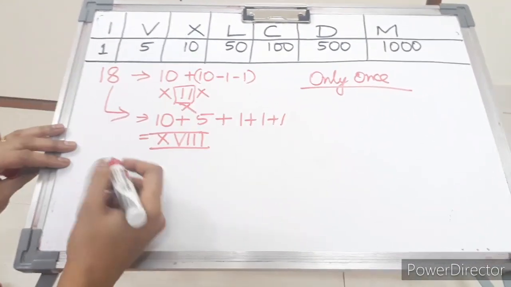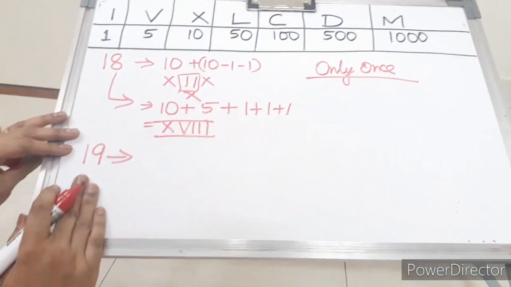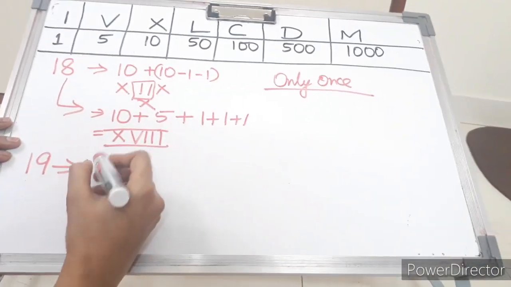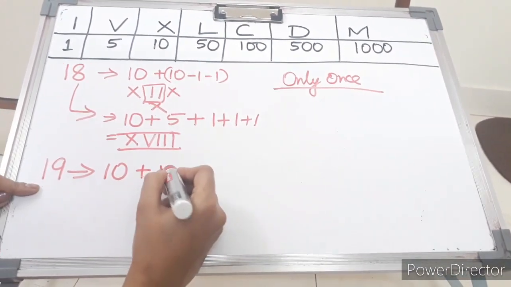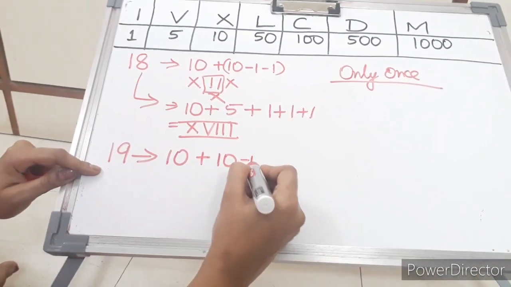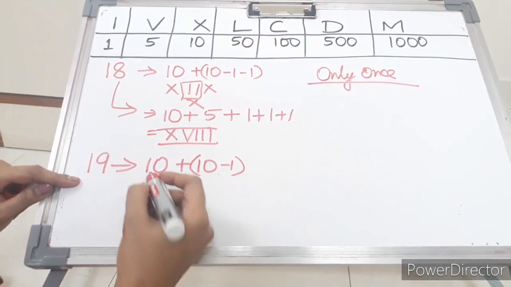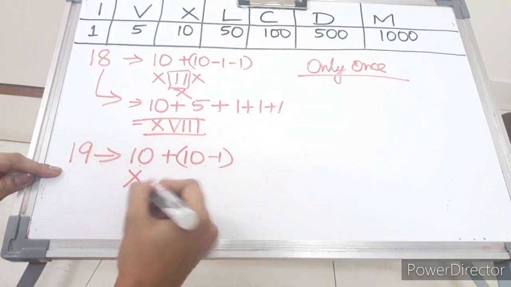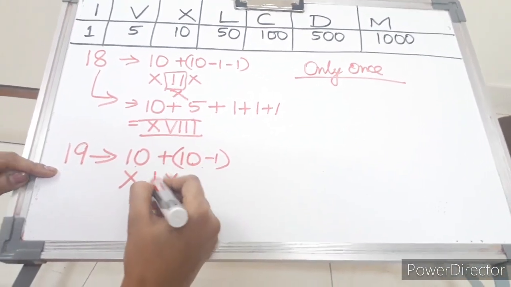Now suppose we want to do 19. What will we do? Again we will write 10 plus 10 is 20, and minus 1. If we do 10 plus 9, that is 19. So again we will write the symbol for 10, the greater value, minus the smaller value.